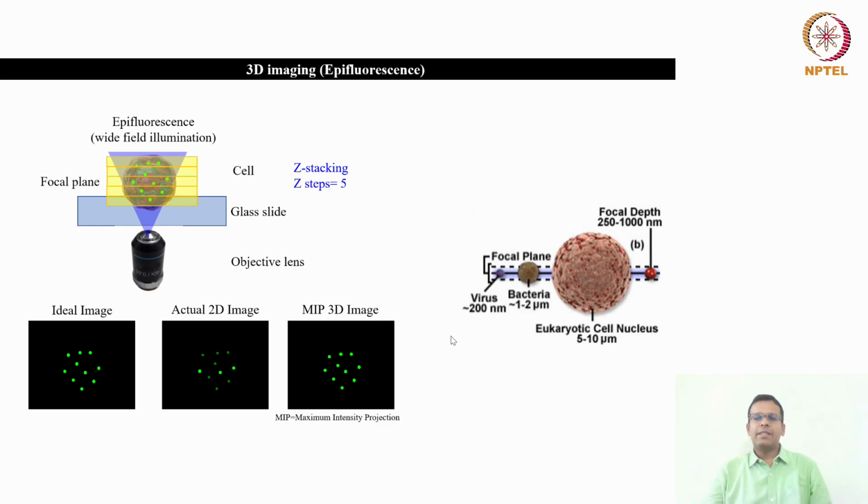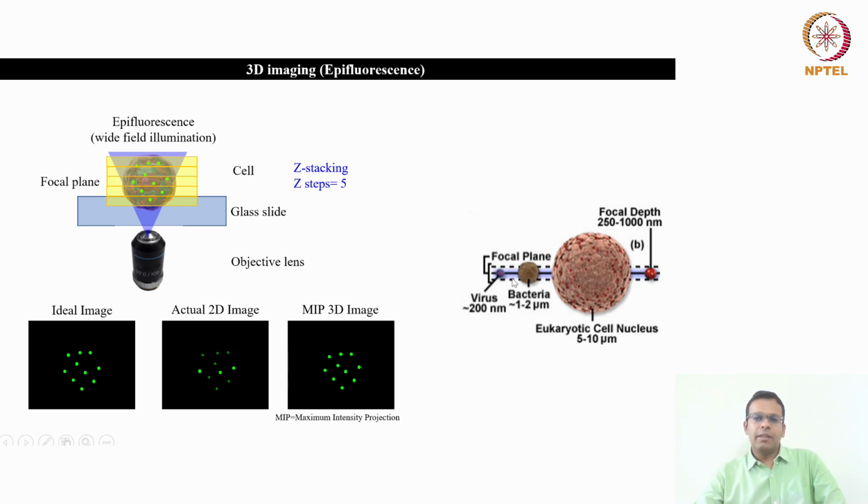When is Z stacking required? Let's say you are working with a virus or bacterial cells and you are imaging them. At that time you do not need Z stacking, because the size of the virus is 200 nanometer, the size of the bacteria is 1 to 2 micron, and the depth of focus is 250 to 1000 nanometer.